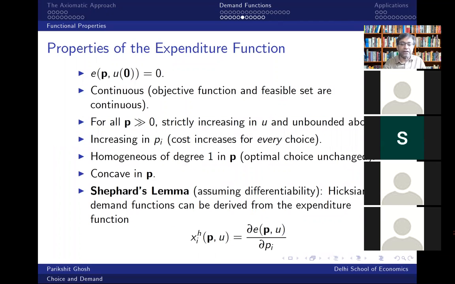I mean, it's a one-liner. The envelope theorem says that the derivative of the value function, namely here the expenditure function, will be given by the derivative of the Lagrangian of the problem. So if you write down the Lagrangian and take its derivative, you'll get basically x_i.